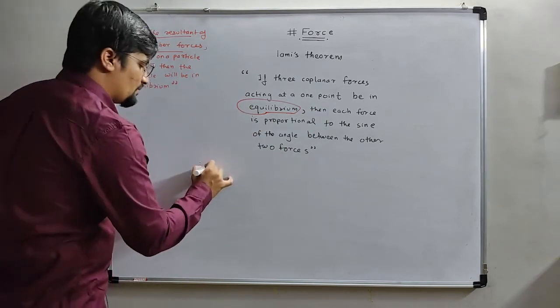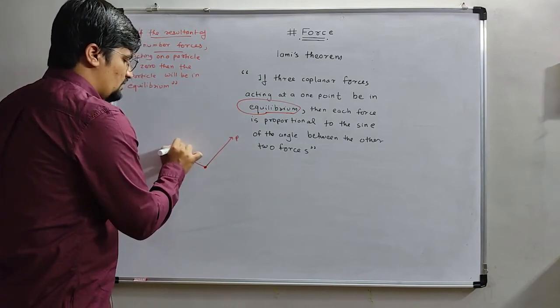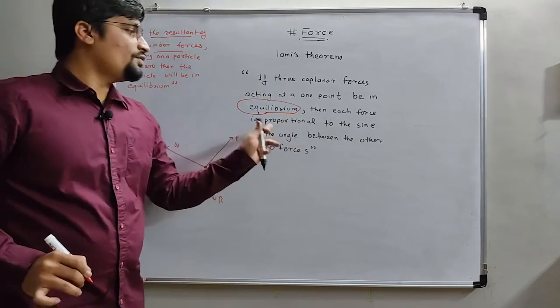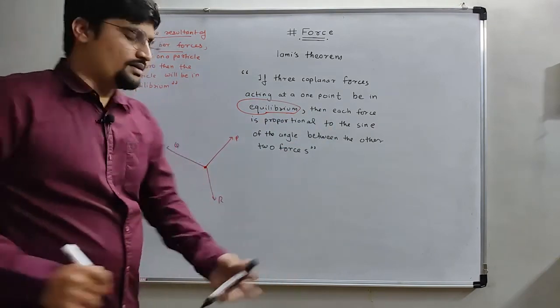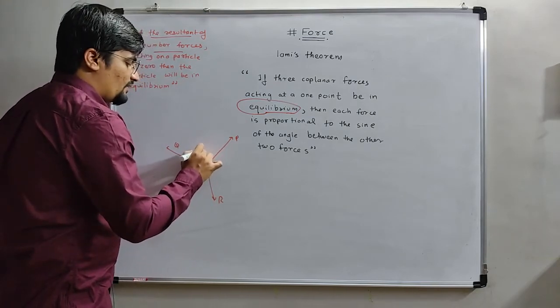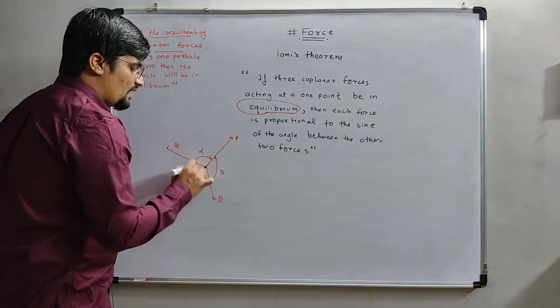The first one is P, another one is Q, and another one is R. Then each force is proportional to the sine of the angle, so each has an angle. Let us assume this is alpha, this is beta, and this is gamma.